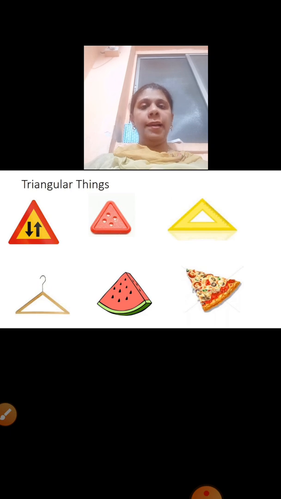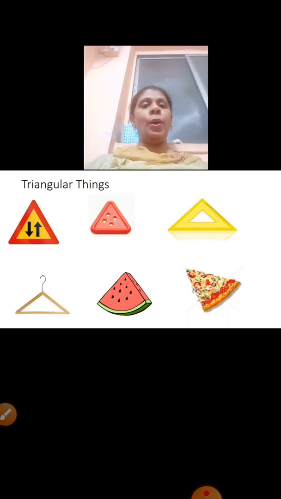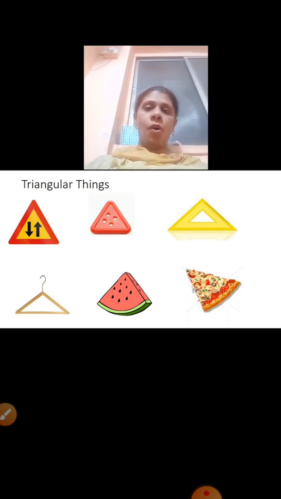A rectangle has 4 edges and 4 corners. The opposite sides of a rectangle are equal in length. Then circle. A circle has no edges and no corners. Then a triangle. A triangle has 3 edges and 3 corners.